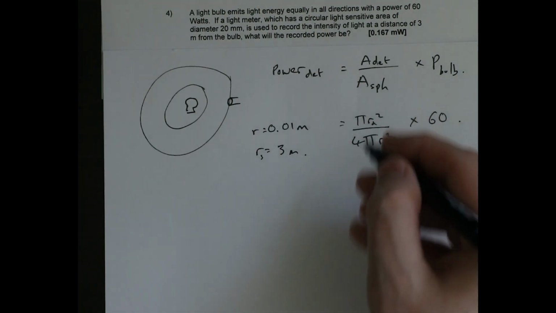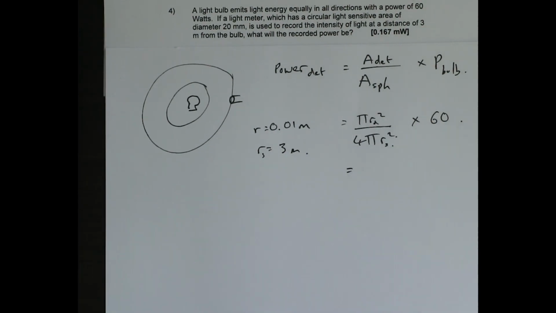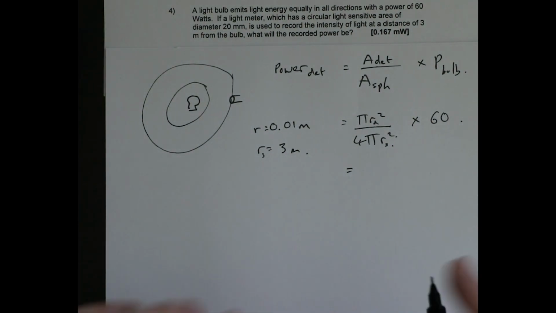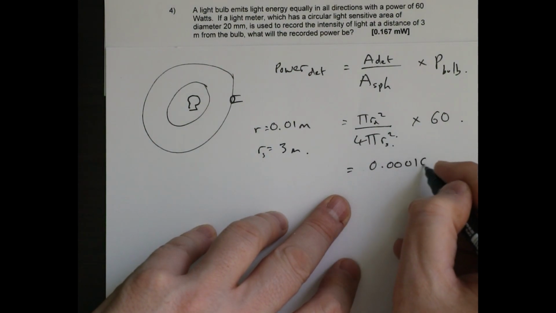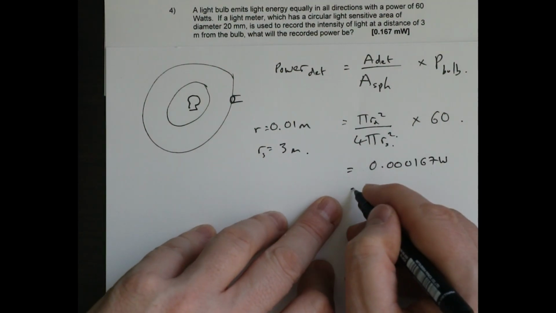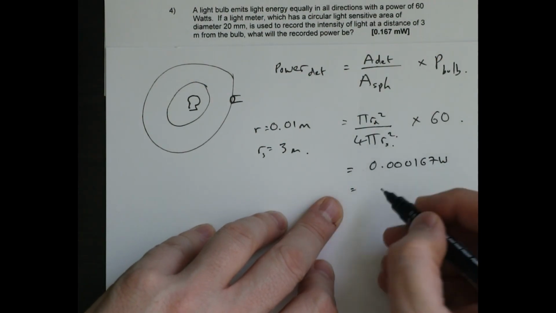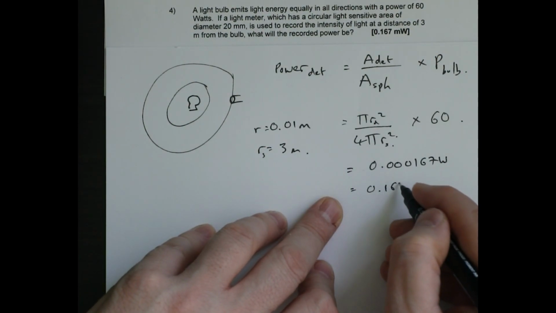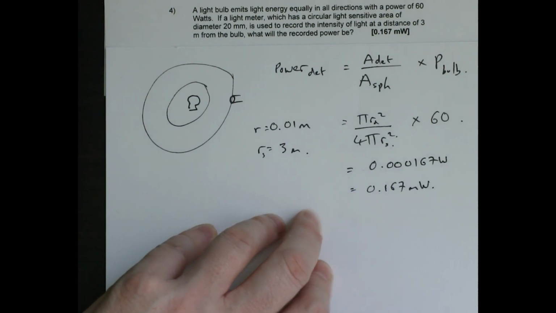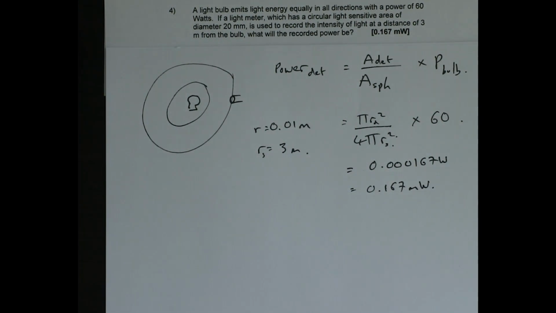If we put the numbers in and multiply that through, we get the answer of 0.00167 watts, which is equal to 0.167 milliwatts. So that's one way of doing it.